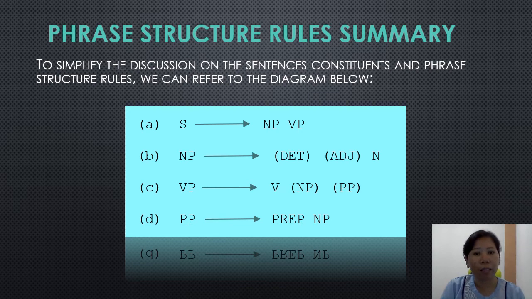The second rule indicates that a noun phrase contains a noun with an optional determiner and adjectives. The third rule indicates that a verb phrase contains a verb with an optional noun phrase and prepositional phrase. And lastly, a prepositional phrase contains a preposition plus a noun phrase.